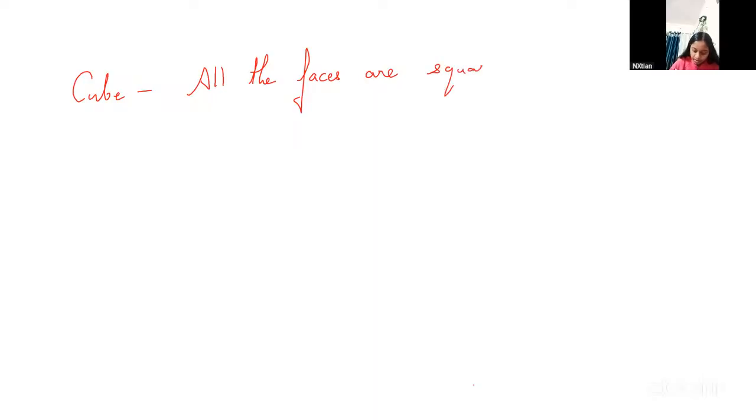Whereas in a cuboid, at least two faces are rectangular.